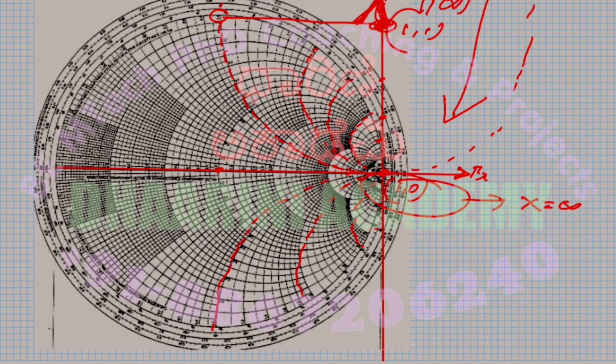All right, before we start solving the problems based on the Smith chart, as a first phase, we need to learn how to mark the various points on the Smith chart. That's going to happen today first. Okay, let me bring the Smith chart once again.